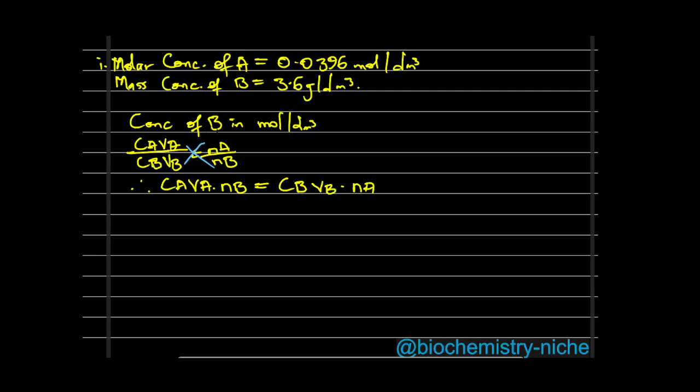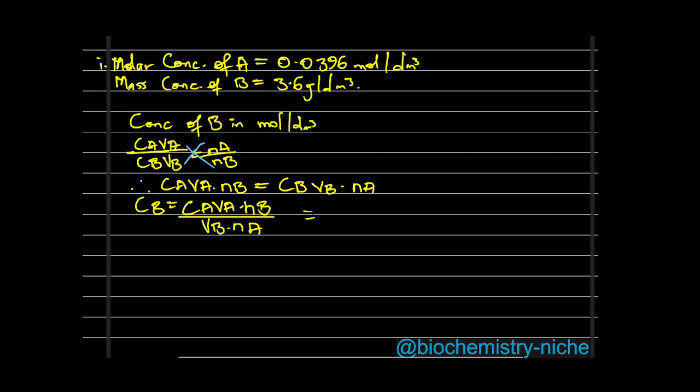Since what we are looking for is the concentration of B, our CB equals CAVA NB, all of that divided by VB NA. So that is what we'll be having.